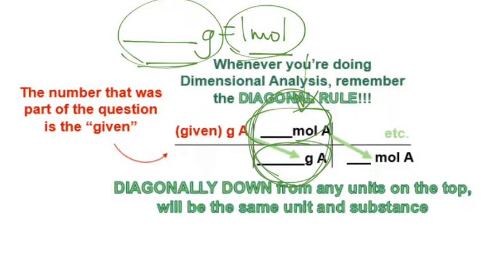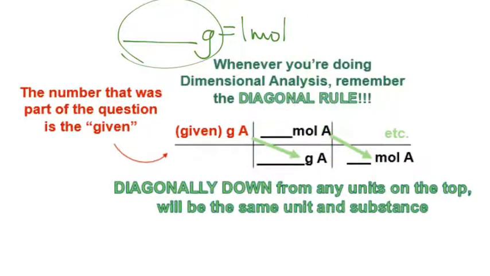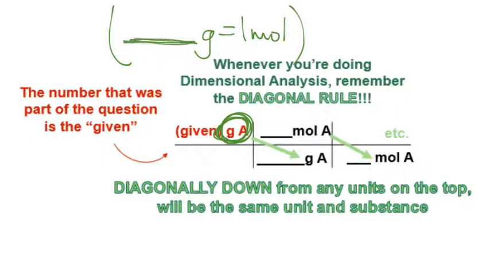And so if I know I need to use the molar mass, if that's my first step in a problem, and the map tells me find that molar mass, that's my first step here, then your given has grams there, and because those grams are on top, you're not just going to be finding that molar mass. That number that you found that goes along with those grams is going to be the very first thing that you write on the bottom of that next bracket because of our diagonal rule.